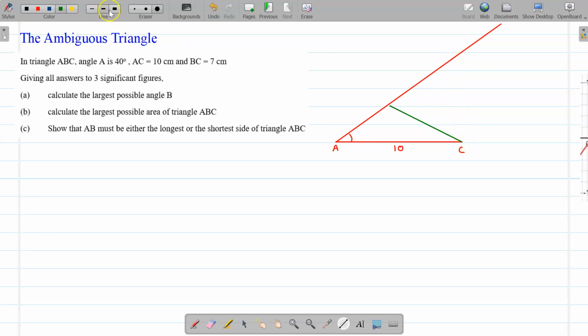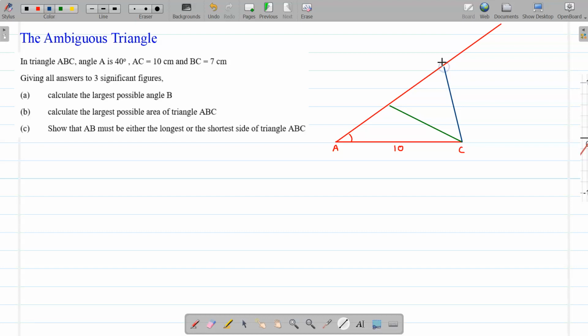In other words, this blue line I'm going to draw now could also be 7 centimeters in length, but meeting the line at a different point B, because that blue line is about 7 centimeters as well, the same as the green line.